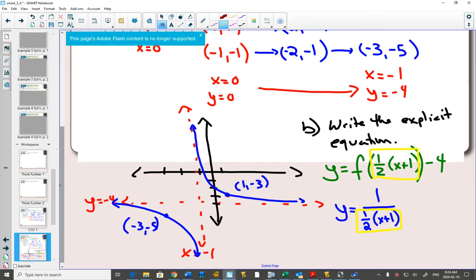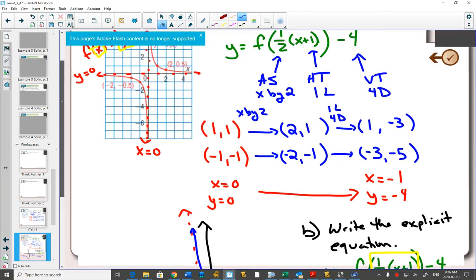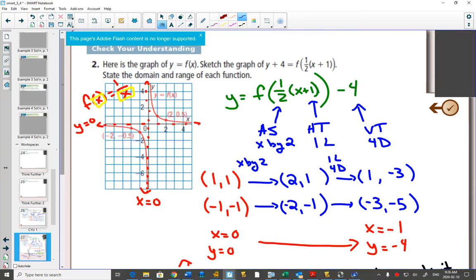So that would still appear just outside of the function. So we got this question by having the original graph given to us in function notation and being told what to do in function notation.